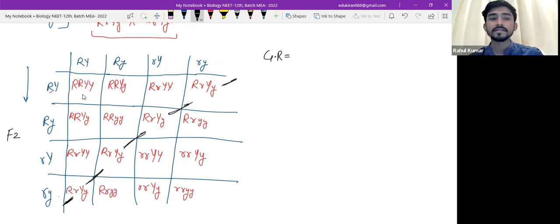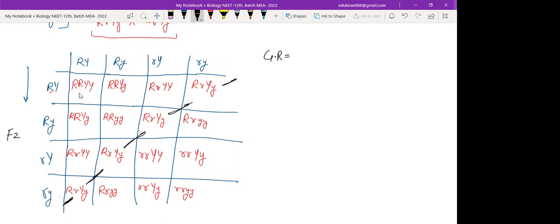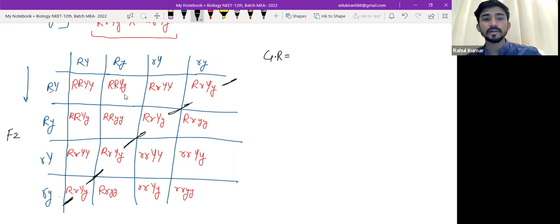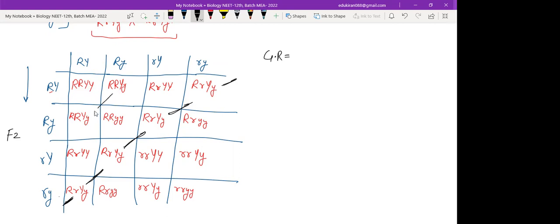Do you see anything like this anywhere else? No, so this is unique. Let's come to the second. Do you see anything like this anywhere else? Yes, there is something like this right here. These two are same, right?